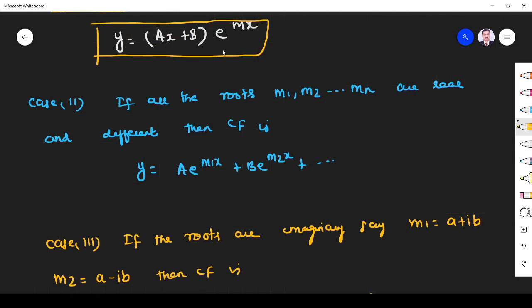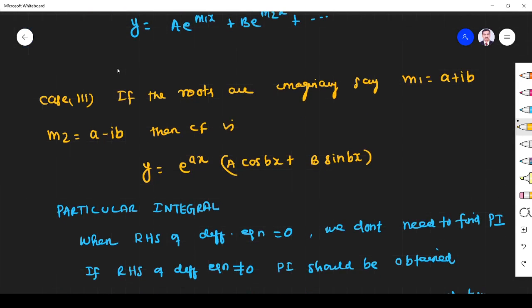In case 2, if all the roots are real and different, not complex, please remember, then the solution is y is equal to a e^(m1 x) for the first root plus b e^(m2 x). If we have a third root, c e^(m3 x), and it will go on like that.